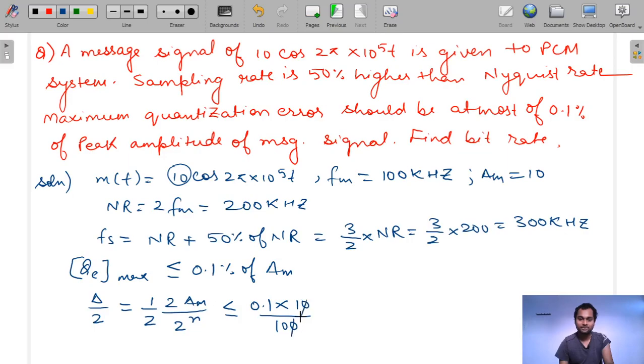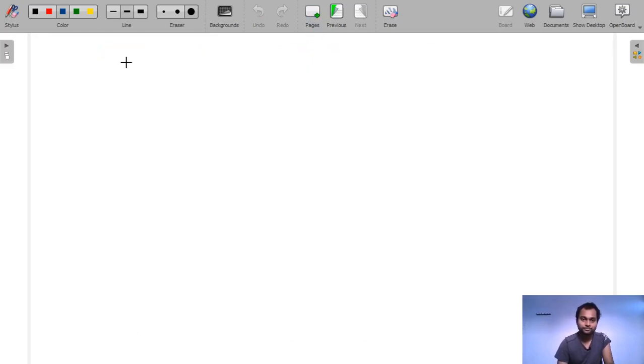So this 10 will get cancelled, this 2 and 2 will get cancelled. So we got Am divided by 2 to the power n is less than or equal to 0.01. So what is our Am here? 10. So in the next page we will solve this question. So 10 divided by 2 to the power n is less than or equal to 0.01.